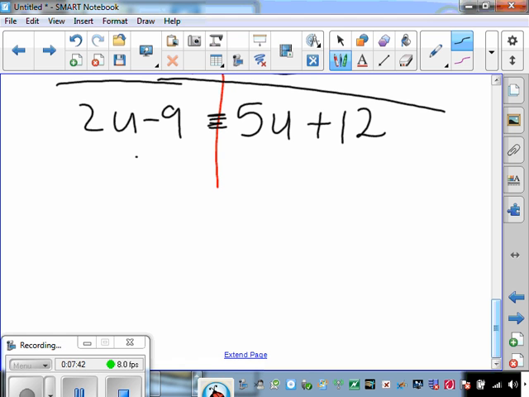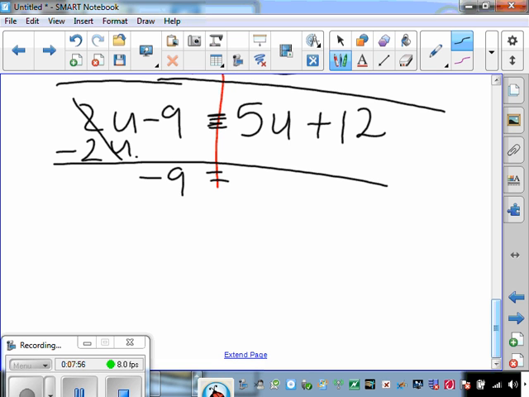This side equal to this side. So which side has the least amount of u's to take off? Over here. If I have positive 2u, I'm going to take away 2u. And I'm left with negative 9. But if I take 2u away from here, I need to take it away from here also. And that's what I get.